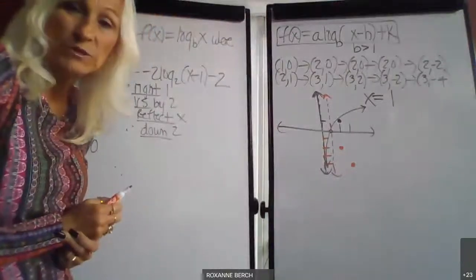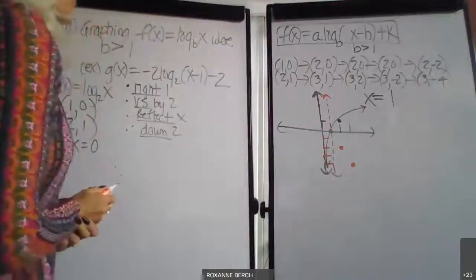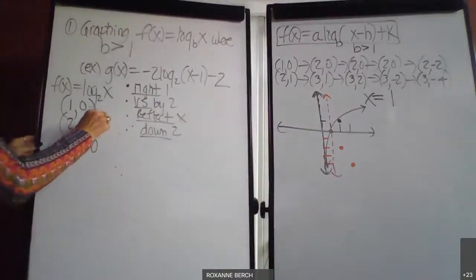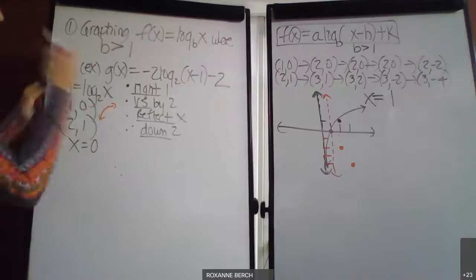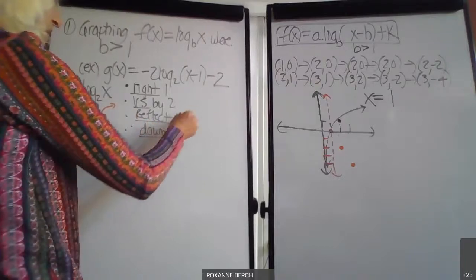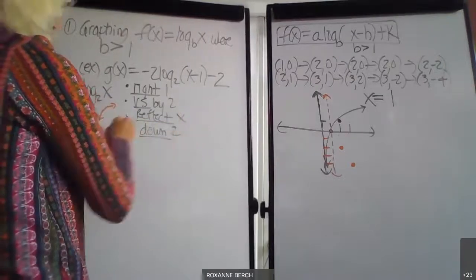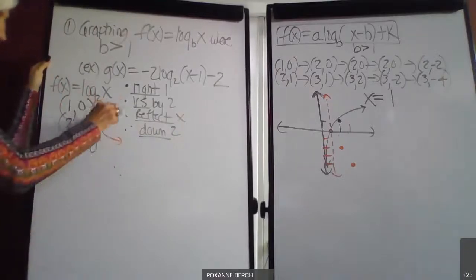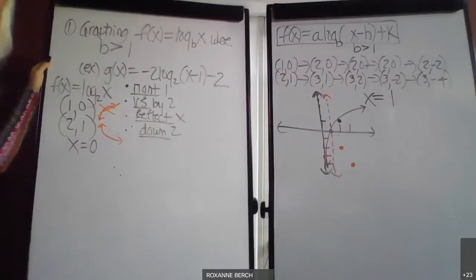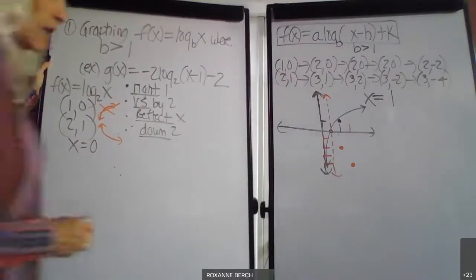Now remember, this was reflected. So remember, your parent looks like this along the asymptote, but now he was reflected. So he's going to be reflected and look like this, right? Yes.